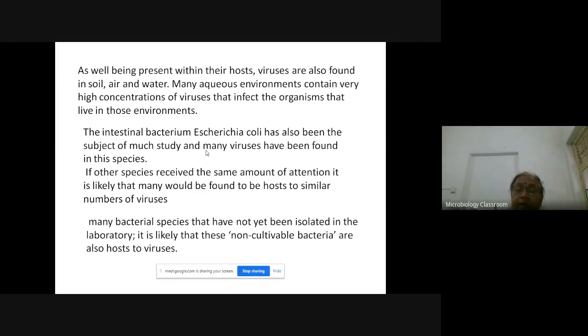There are bacteria which cannot be cultivated in the laboratory. Such bacteria which cannot be cultivated are also infected with viruses. Here the point is, whatever we know about the viruses is just a part. It is very little, and much more has to be dug out about the viruses.